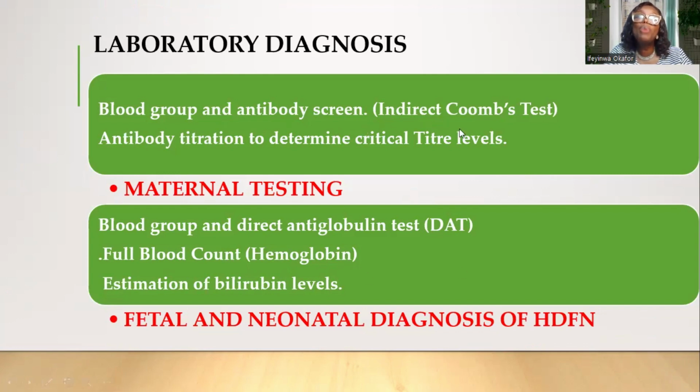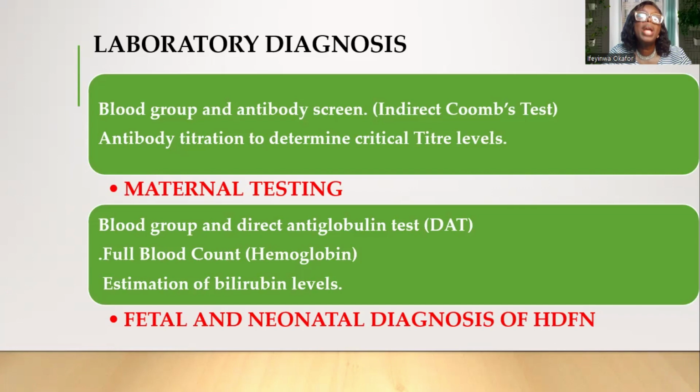Then the indirect Coombs test is directed at the mother's serum, and then you go the extra mile to look at the antibody when it is identified through antibody screening and antibody identification. We have actually discussed antibody screening and antibody identification extensively. Please do well to go back to our channel and look up the lecture on antibody screening and antibody identification. It will help you to understand how you can do antibody screening in the laboratory.